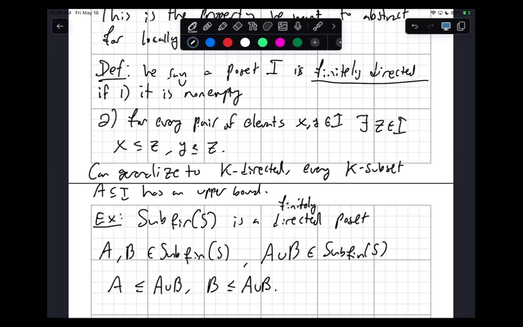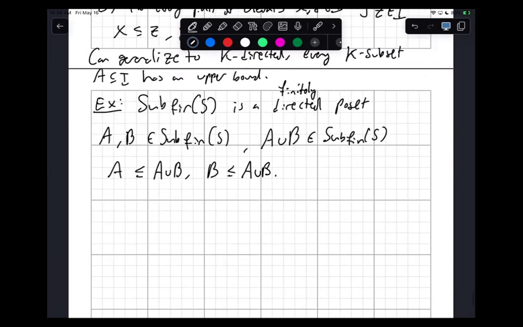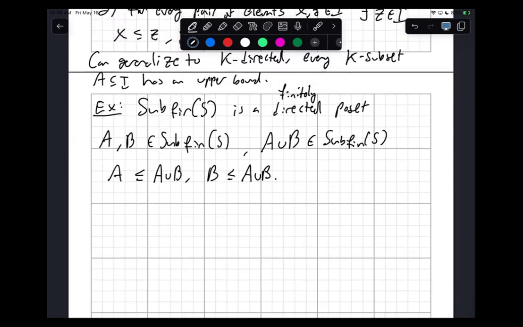And then we say it's directed if it's kappa directed for some kappa. In elementary math, the directed sets are used to define direct limit and inverse limit. Right, exactly.